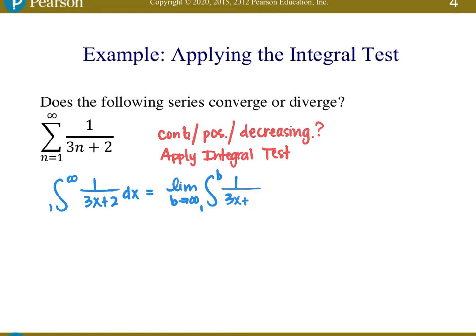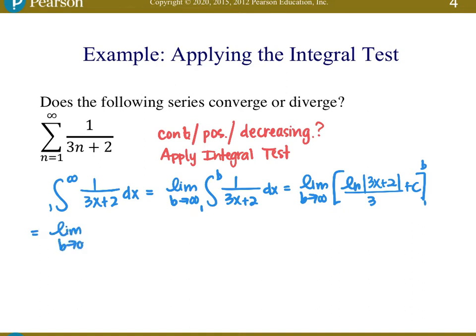And then the integral is going to be a natural log. So we'll have the limit as b approaches infinity of the natural log of the quantity 3x plus 2 divided by the chain rule of 3 plus the constant c from 1 to b.